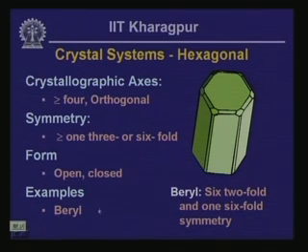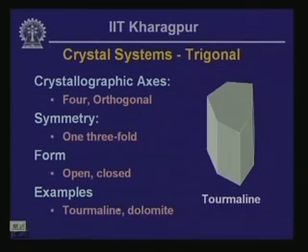Let us move on to the next one. Next, we have trigonal crystals. Here we have 4 sets of axes, and the four axes are going to be orthogonal to each other. The symmetry requirement in this case is that you need 1 3-fold symmetry.